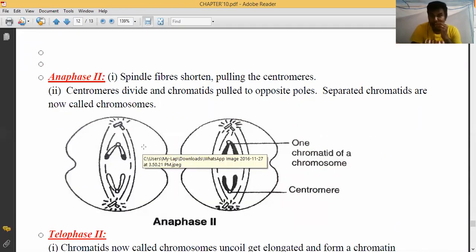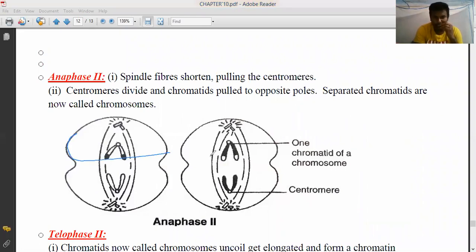When anaphase 2 starts with two cells, we get one daughter cell, two, three, four daughter cells. In between these, a thick layer is formed. That thick layer gradually develops, matures, and cuts off.